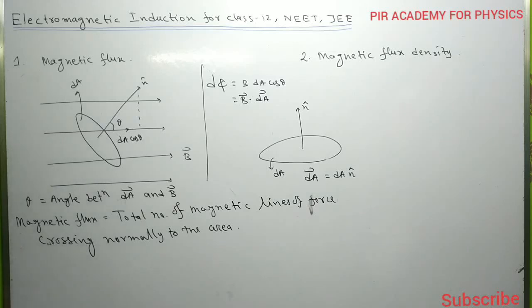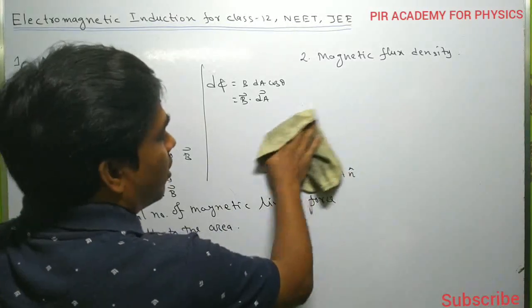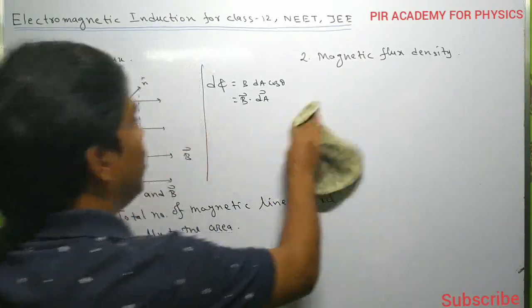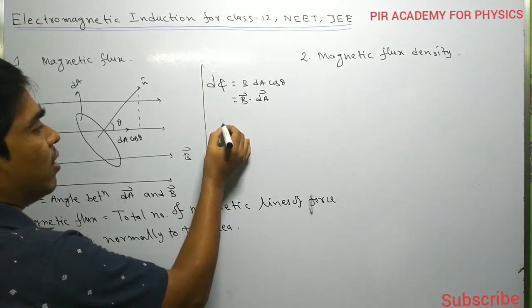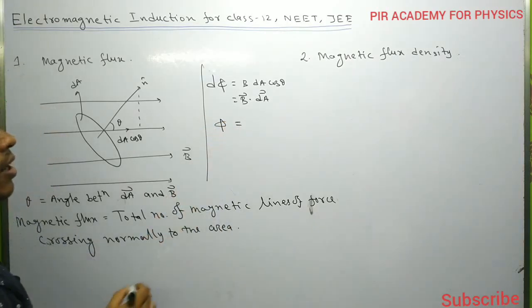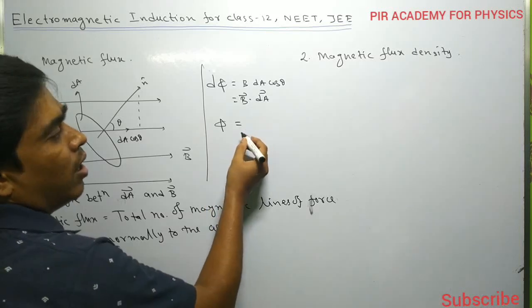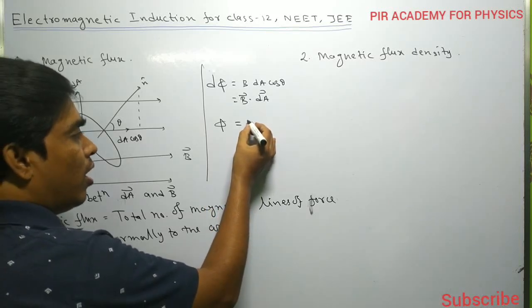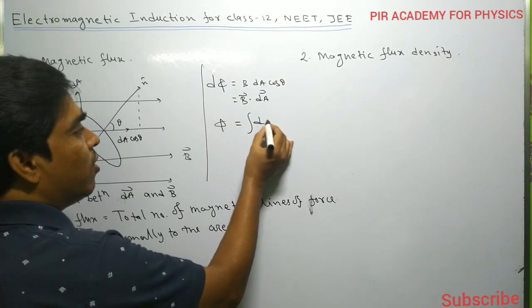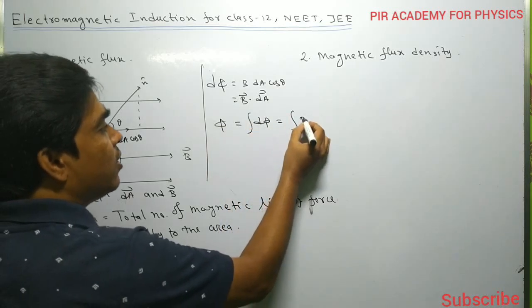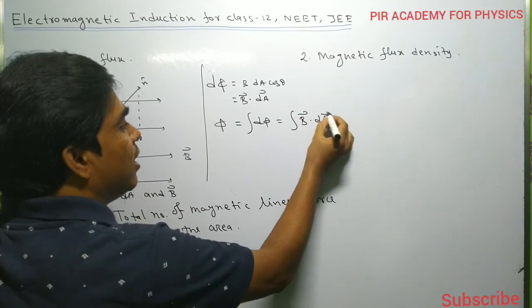This is the magnetic flux. So the total magnetic flux can be written as the integration of B dot dA.